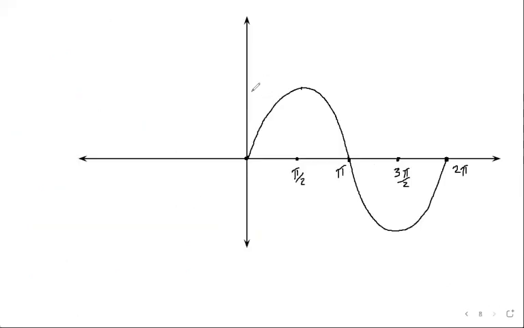So the value here is 3, and here is negative 3. How do I know? Because the amplitude is 3.